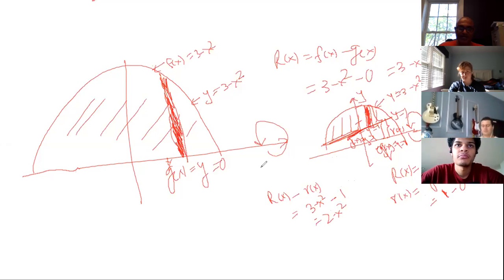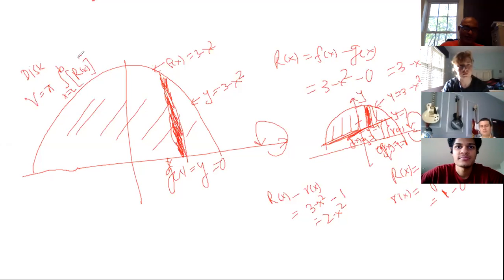So for the disk method, my formula is volume V equal to pi times the integral from x equal to a to b, and here it is capital Rx, whatever you figure out, squared, dx. That is for the disk method.